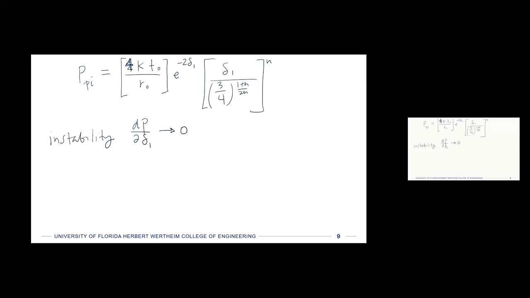But if we set this derivative equal to 0, and then we solve for, I said we were going to solve for P. We're actually not going to solve for P because P is not in there. We're going to solve for the plastic strain for plastic instability. So what is the plastic strain at this plastic instability?